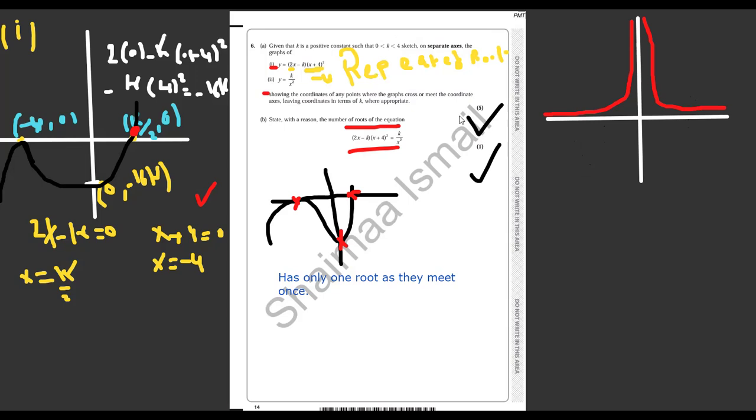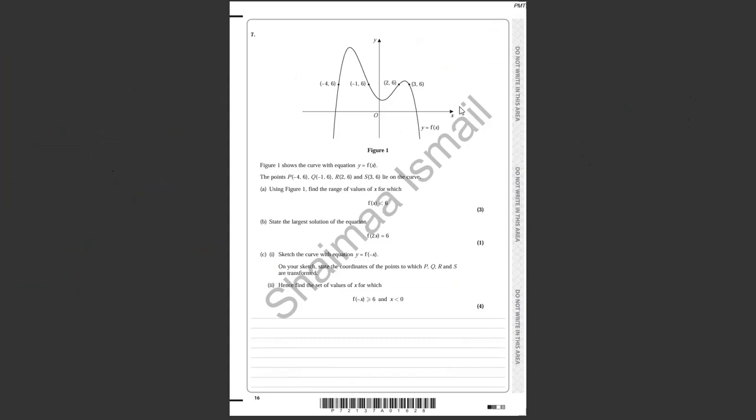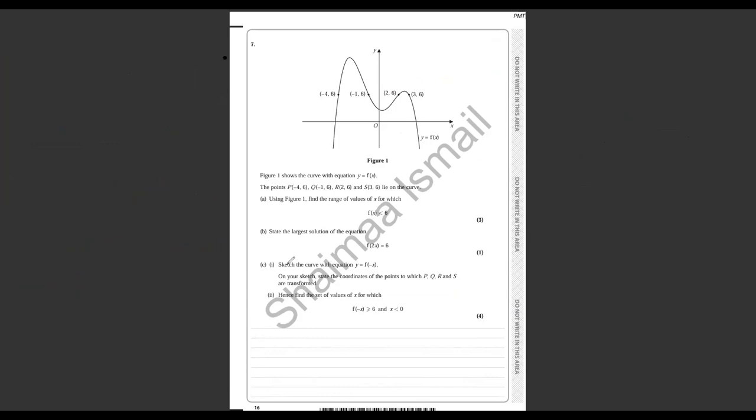Question number 7. Okay. It's like a graph paper. So here, figure 1 shows the curve with equation y equals f(x), and I see that they make a line with y equals 6.